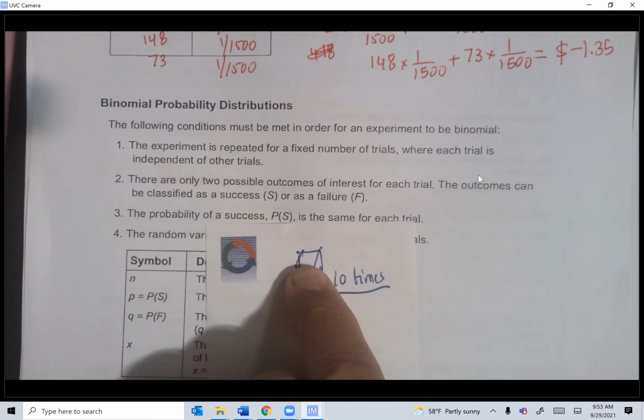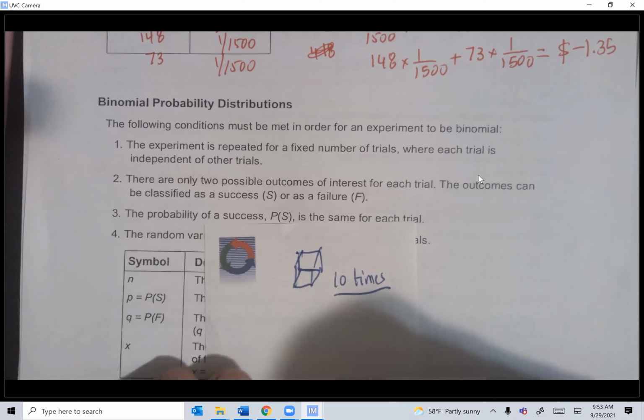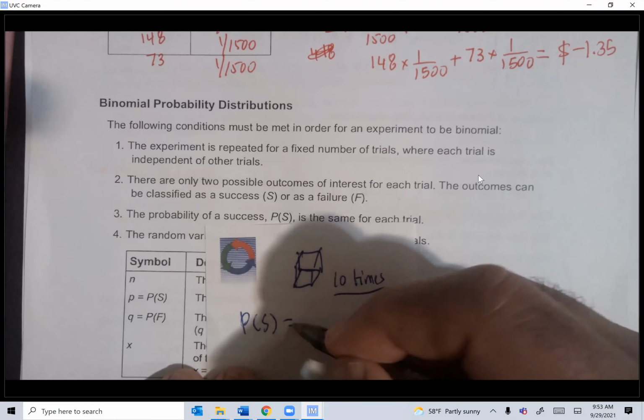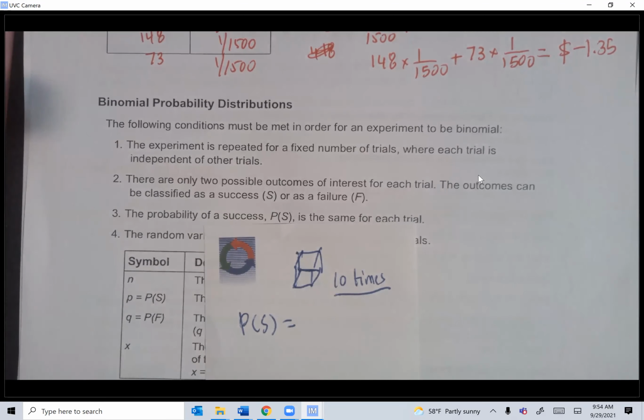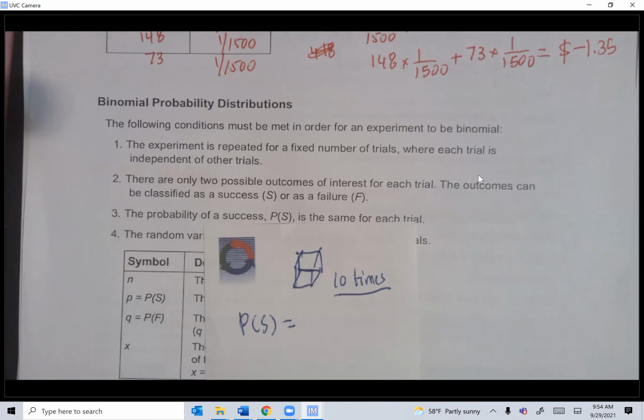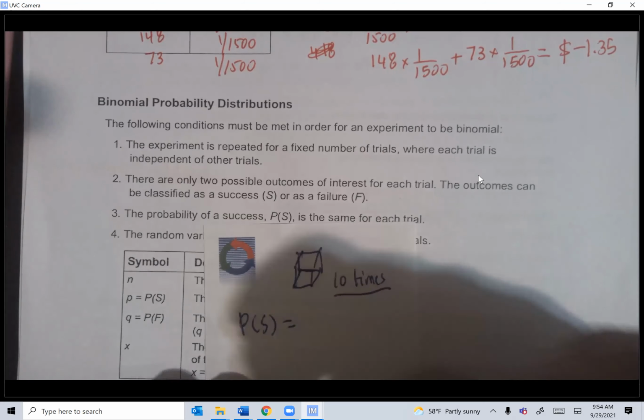So what's the probability of success, guys, and what's the probability of failure here? Who can tell me what that probability is? You win if you get a 6 face up. Do you agree it's 1 out of 6? Because there are 6 faces, and if you get a 6, it's 1 out of 6.